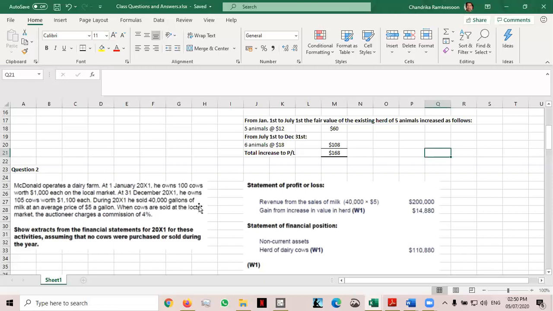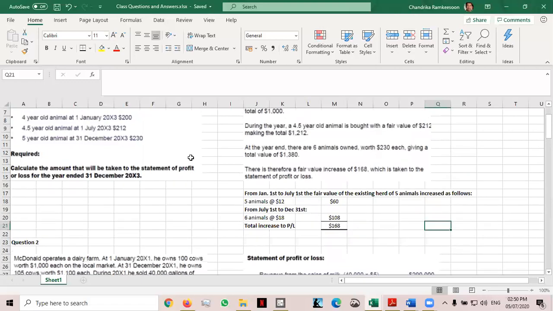So what would have accounted for the 105 is obviously an increase in the herd, 5 cows, which were not bought, but which were created from their mothers as they gave birth. And this is the difference with this question and the first one, where one was acquired.